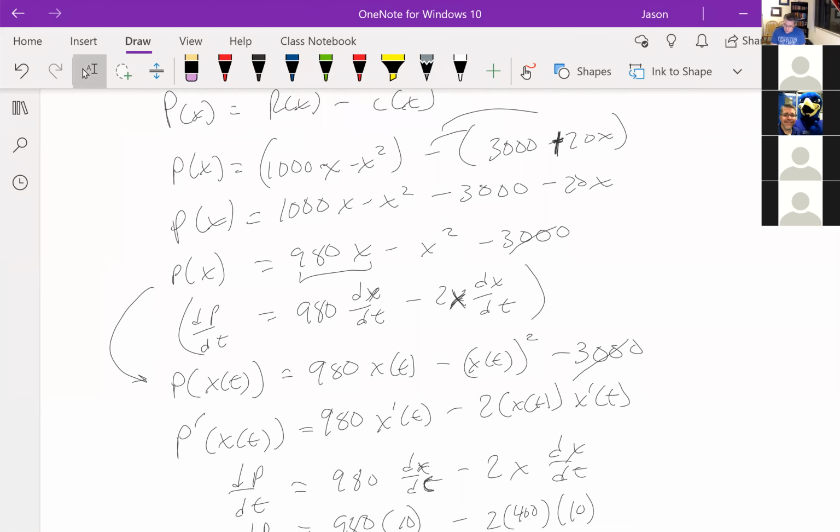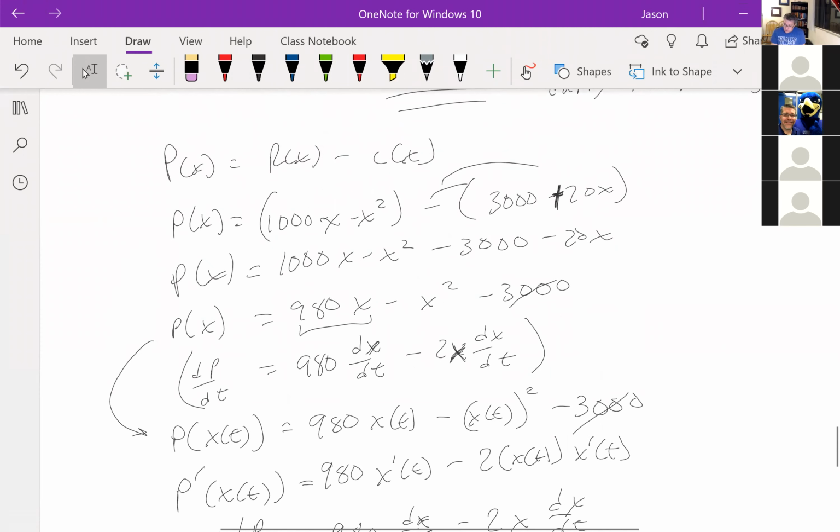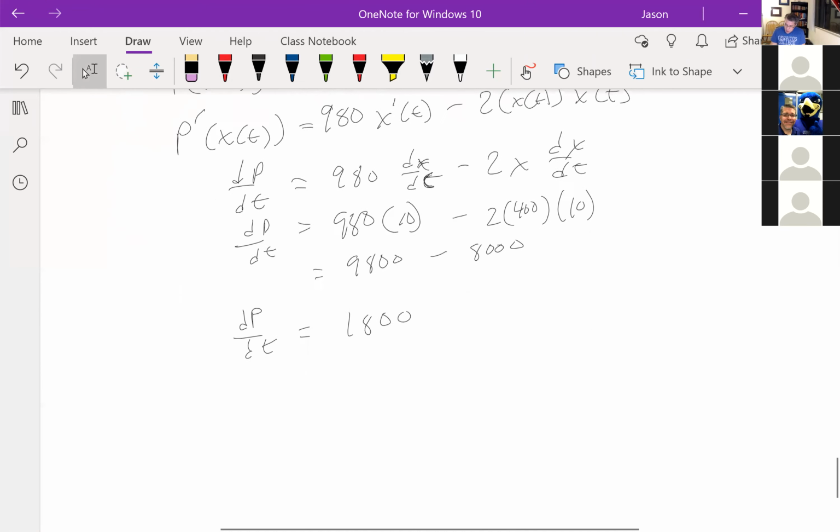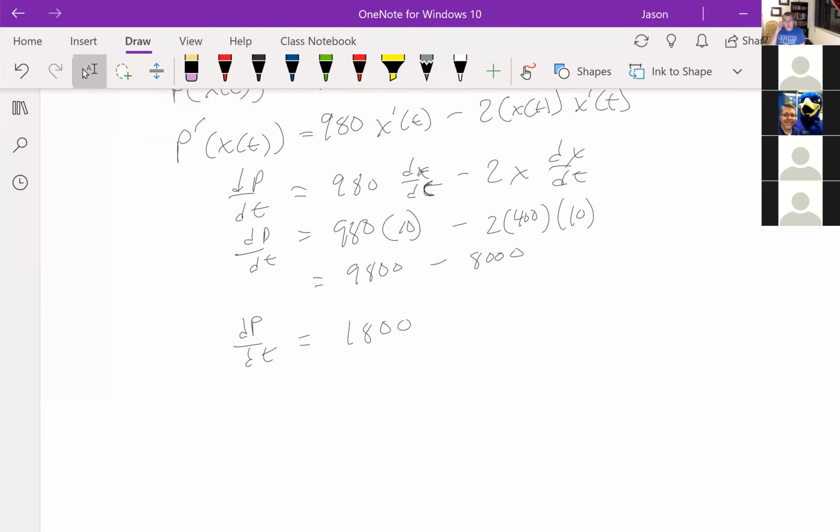Oh, what do we have up here? R of x and C of x. Oh, okay. So yeah, P was profit, right? What do we measure profit in? Dollars. There you go. Dollars, monies.